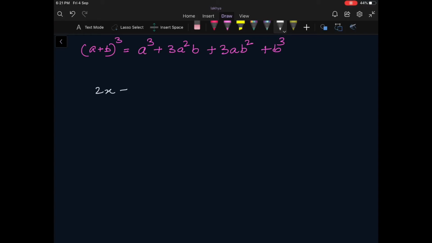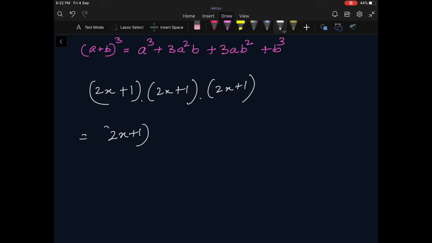Suppose we need to multiply twice x plus 1 into twice x plus 1 into twice x plus 1. So 3 binomials, then we can write this as twice x plus 1 whole cube. All the 3 binomials are same. Now here you see, considering a as twice x and b as 1, you can calculate the product.